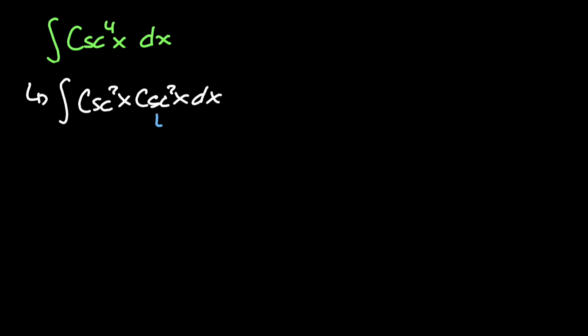And so since this is part of dx, for this we have a cosecant squared of x, and so we can transform this into its trigonometric identity. Cosecant squared of x would be equal to cotangent squared of x plus 1.